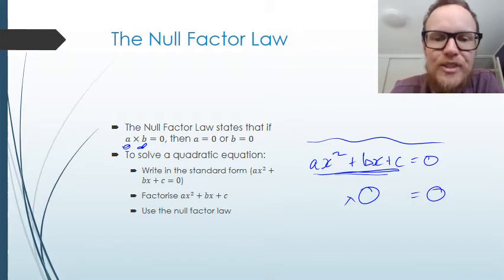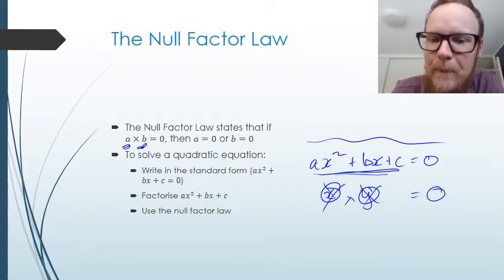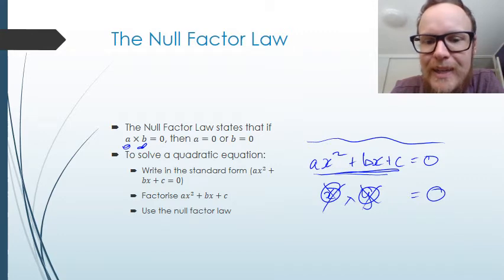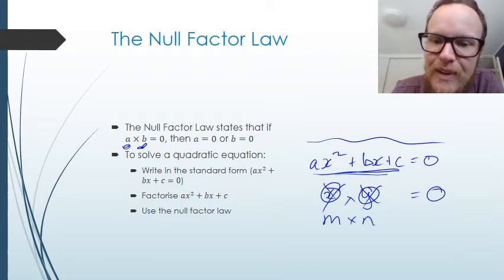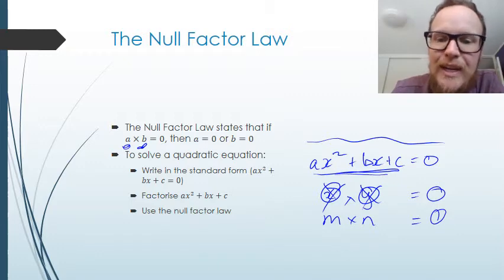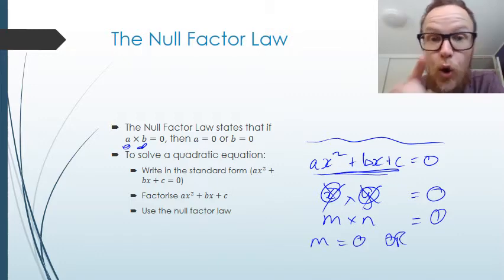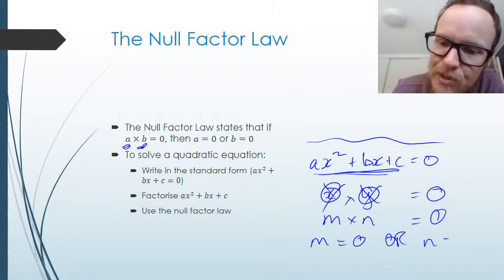Okay, if I get, say, x times y, no, that's a bad example. Maybe like m times n equals 0. I've got two things multiplied equal to 0. Then I can say, hey, that means that m equals 0 or n equals 0.